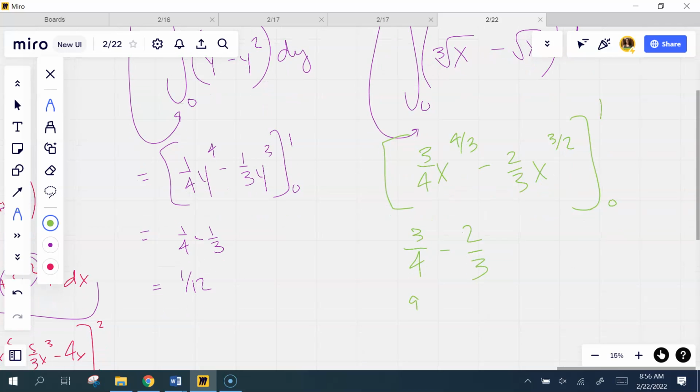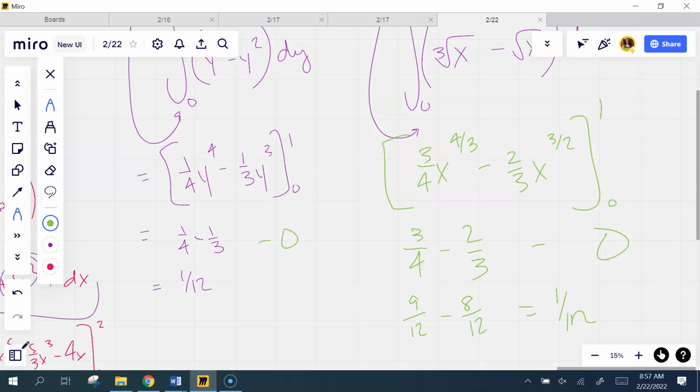Times 3, which would be 9, 12 minus times 4, 8, 12. So when you do 1/4 minus 1/3, it's negative 1/12. But yeah, negative.